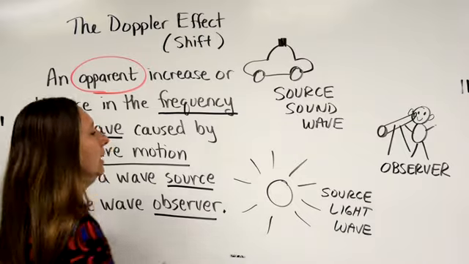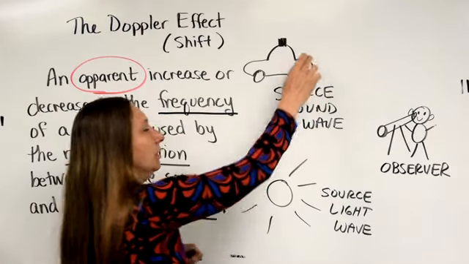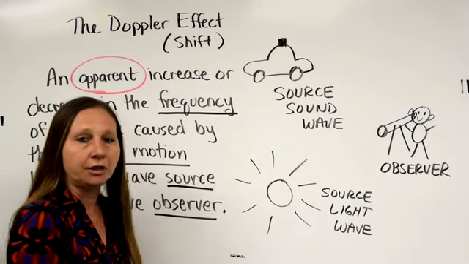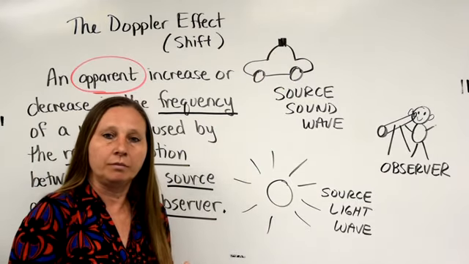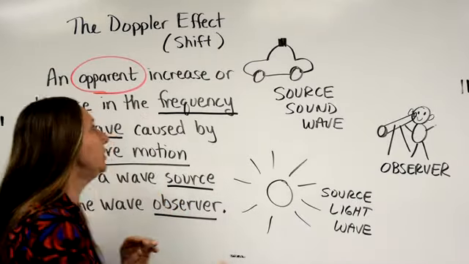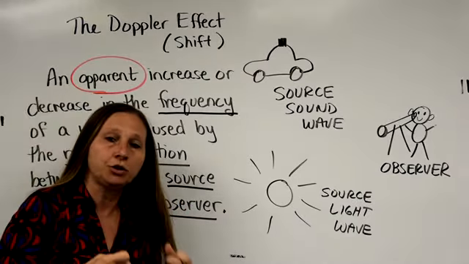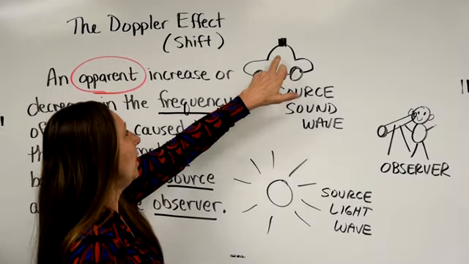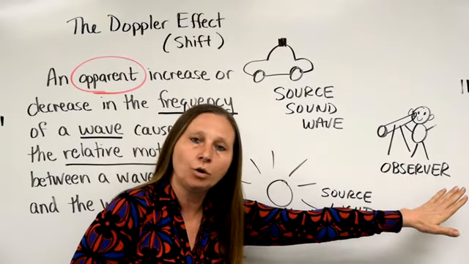Now, if I'm running toward the police car, is that changing the pitch of the siren? No. But does it sound different? Is there an apparent increase or decrease to the frequency? Let's say, for example, when the police car is coming towards me.